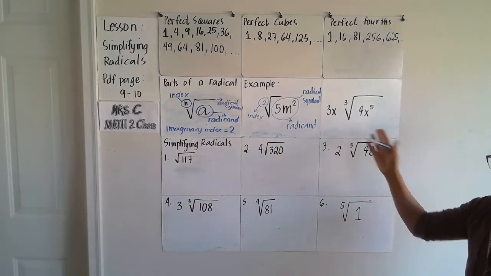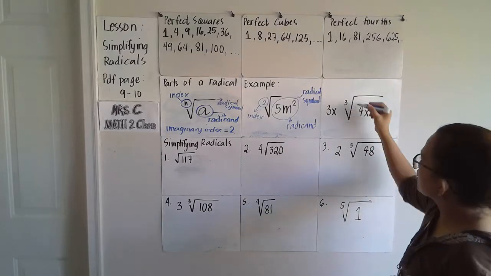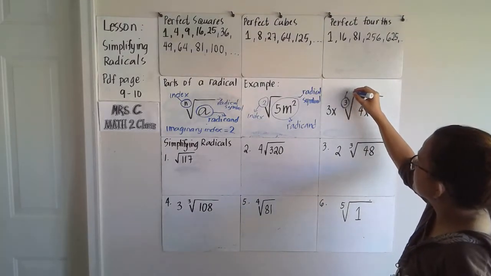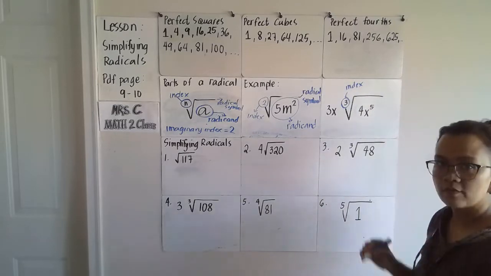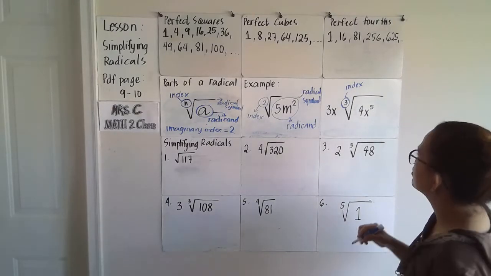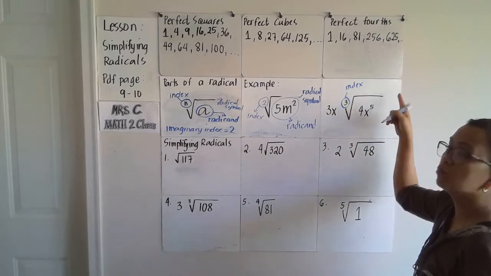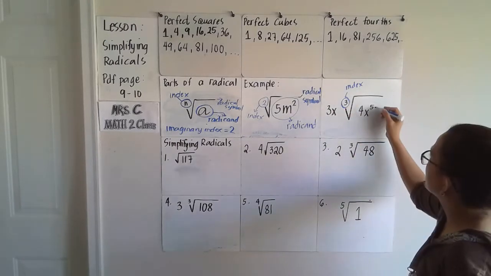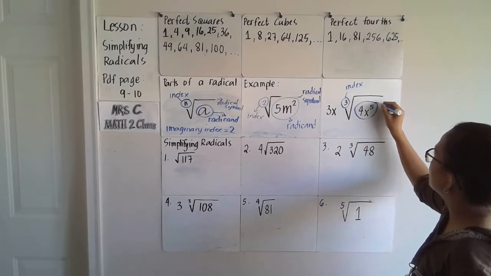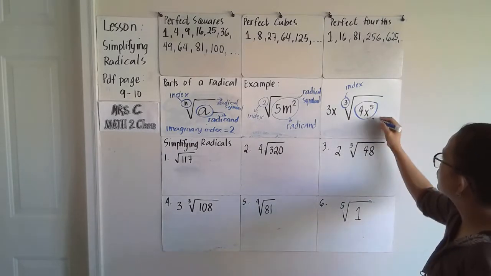Next, another example. Here, our index is 3. This is still your radical symbol. So this would be a cube root this time because of the index 3. Now, your 4x raised to the 5th power will be your radicand.